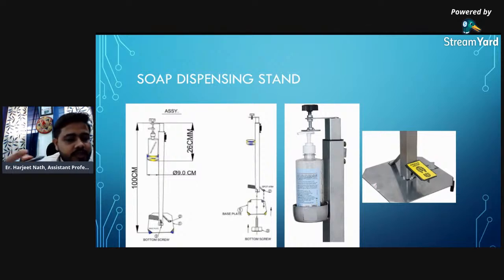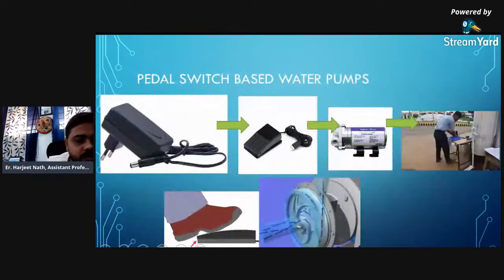Most of you would have seen in the markets a system where you have alcohol, or you can have soap in this dispensing column, and whenever you press this particular pedal with your foot, this particular section is pressed down, and as it is pressed down, whatever soap solution is there is dispensed out of this setup. This is pretty easy actually. Moving on to the next slide.